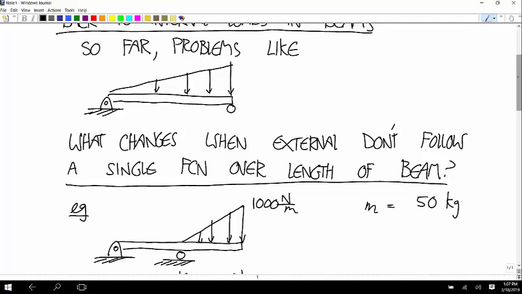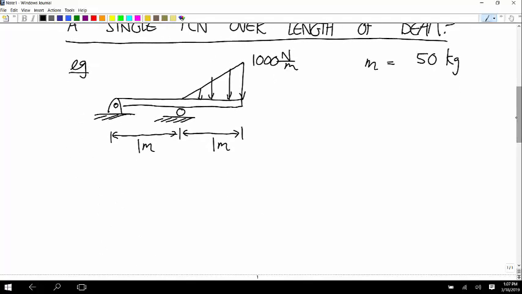Okay, so what we're going to do is first choose the key points along the beam.